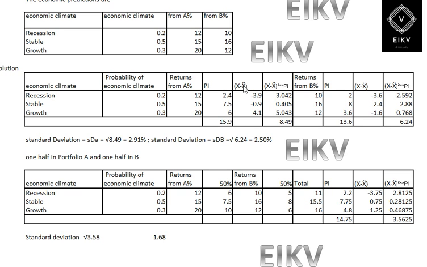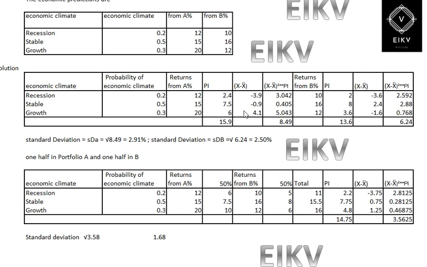Next we need to find X minus X bar. X minus X bar would be 12 minus 15.9, which gives you negative 3.9, 15 minus 15.9 will give you negative 0.9, and 20 minus 15.9 will give you positive 4.1.